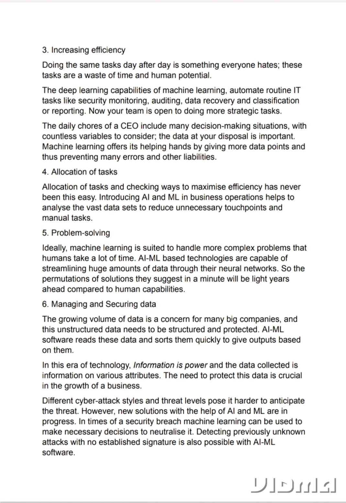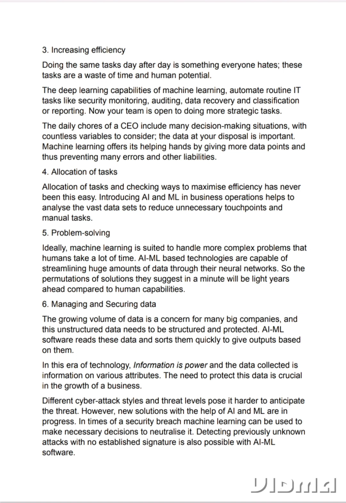Ideally, machine learning is suited to handle more complex problems that humans take a lot of time on. AI ML-based technologies are capable of streamlining huge amounts of data through their neural networks. So the permutations of solutions they suggest in a minute will be light years ahead compared to human capabilities.